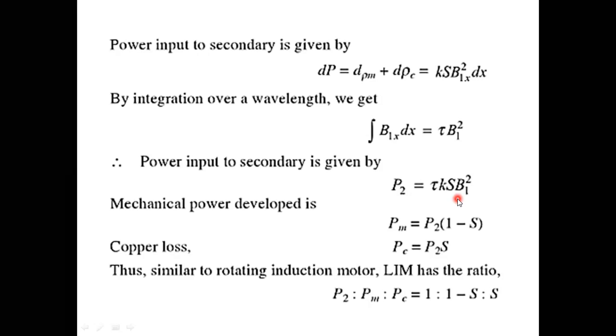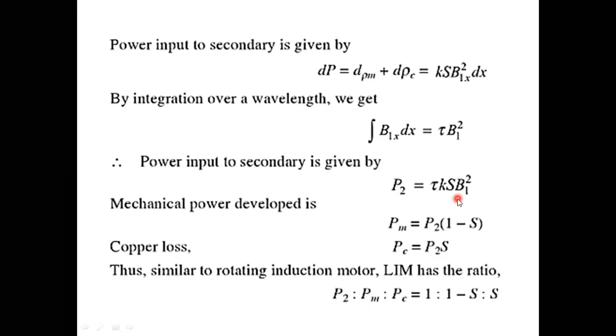Generally we considered the induced EMF: how the EMF is induced in the secondary side of the linear induction motor, and with respect to this, how much current can be produced.